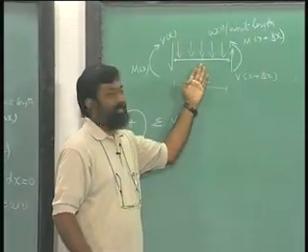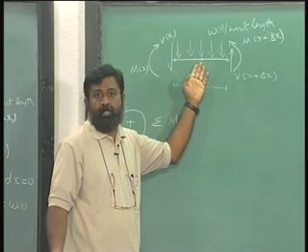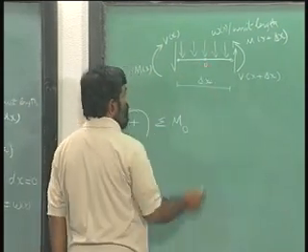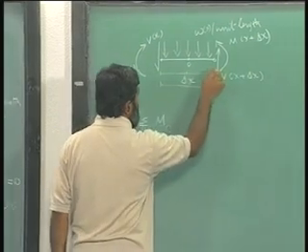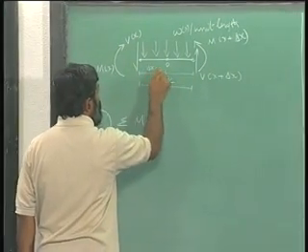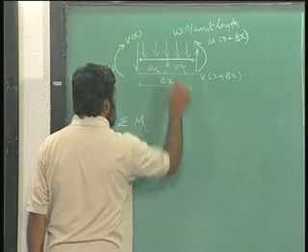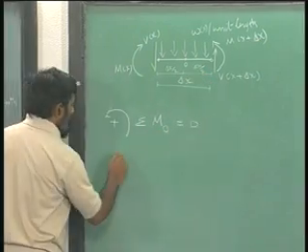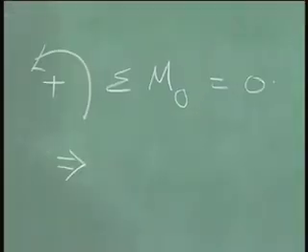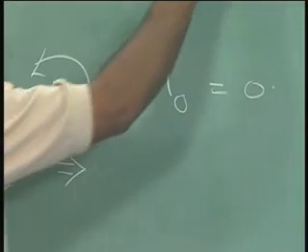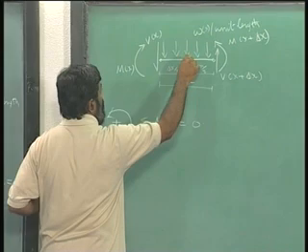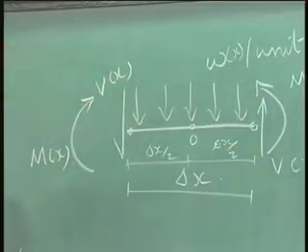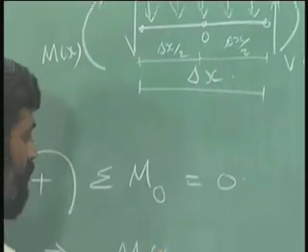Let us choose at the center. Okay. So, O. Okay. Please remember this is at a distance delta x by 2, delta x by 2 away, right. This is equal to 0 will imply, let us take one after the other. This M of x is in the clockwise sense, so minus M at x.